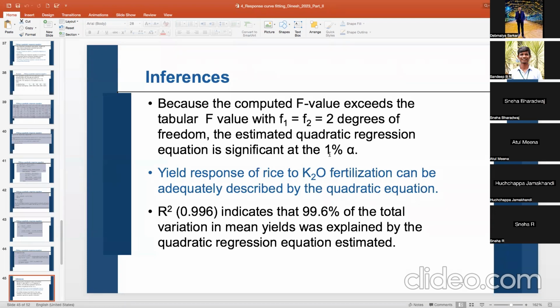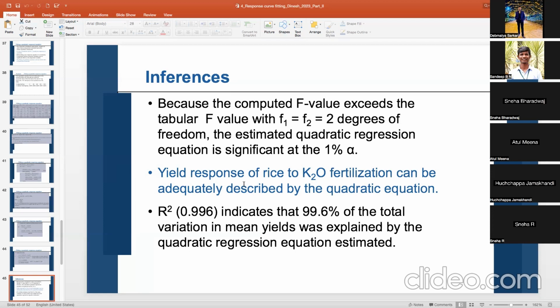Now, what further inferences can we draw? The yield response of rice to K2O fertilization can be adequately described by the quadratic equation. It means it is following a quadratic pattern. The fertilization of K in rice is following a quadratic pattern in this particular case.